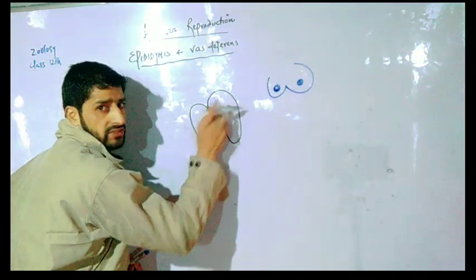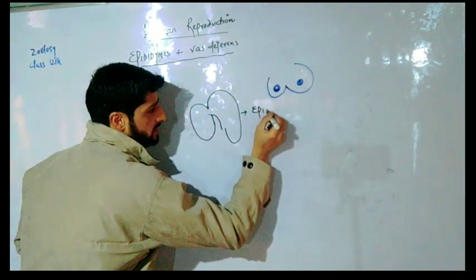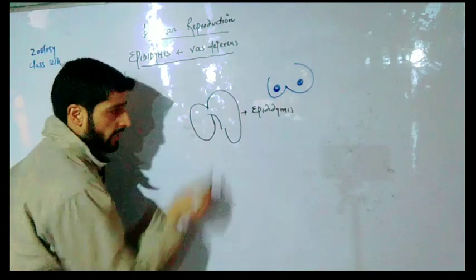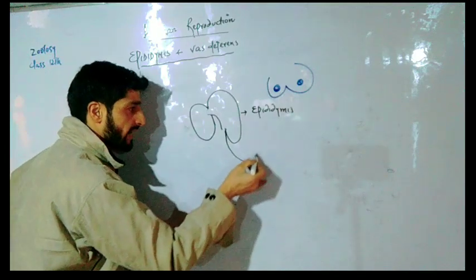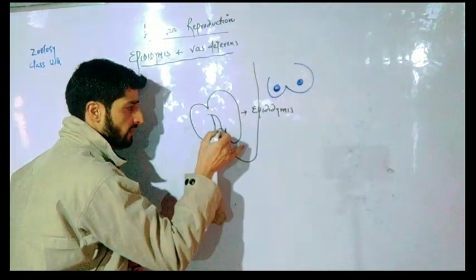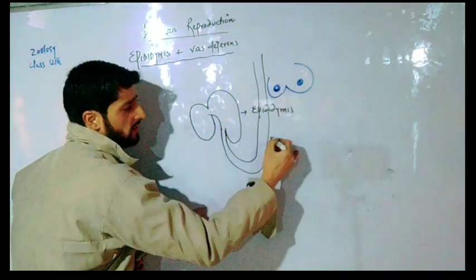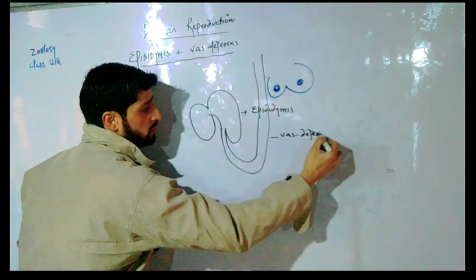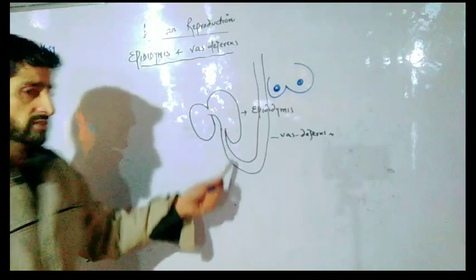This special structure we call epididymis, and from this epididymis a special tube arises. This special tube is known as vas deferens. So today's topic will be focused on these two structures.